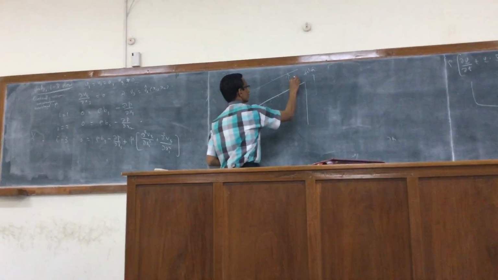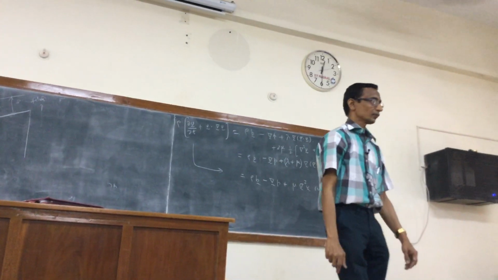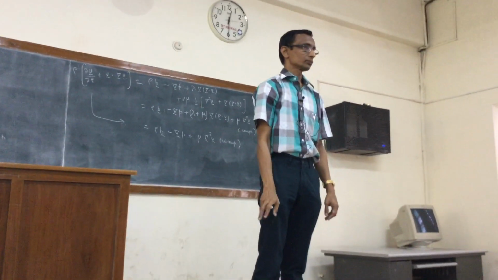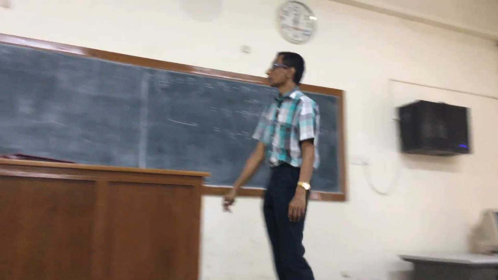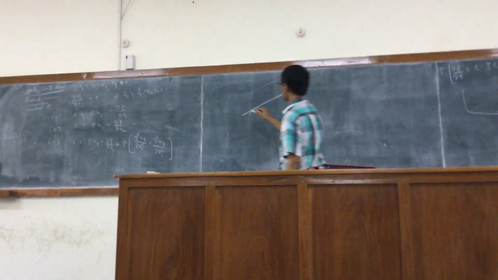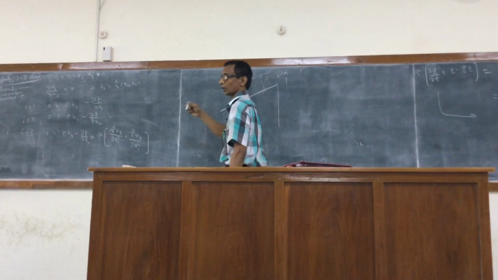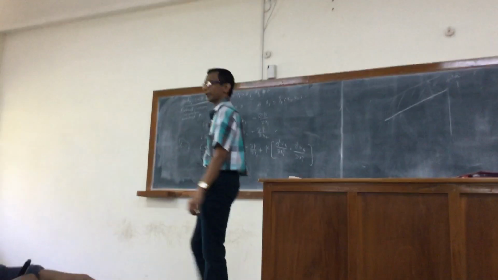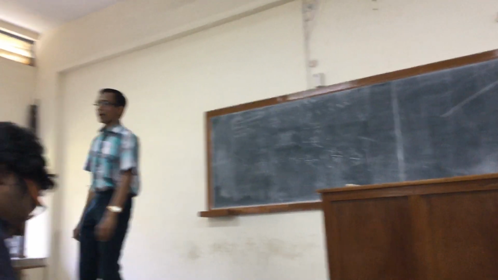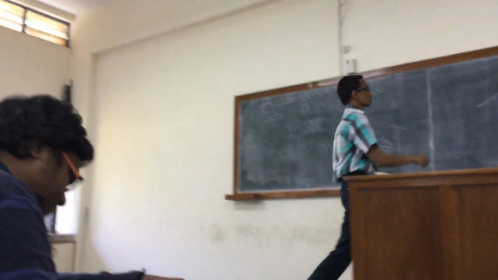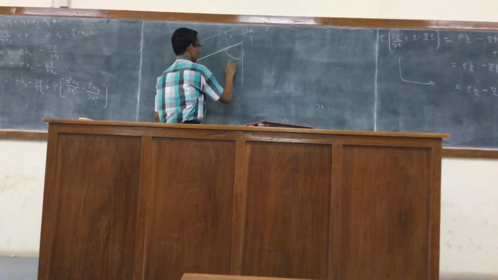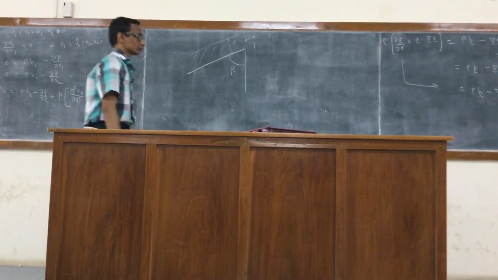We'll assume the film thickness remains constant. So this is all filled with fluid, going down an inclined plane. And we'll assume that the inclination with the vertical is given by some angle beta.